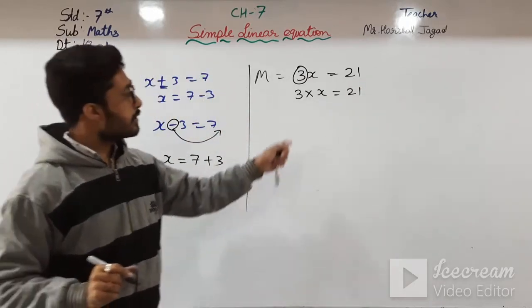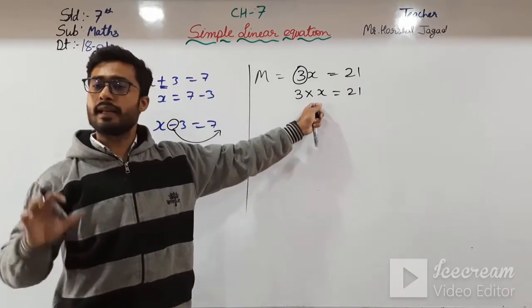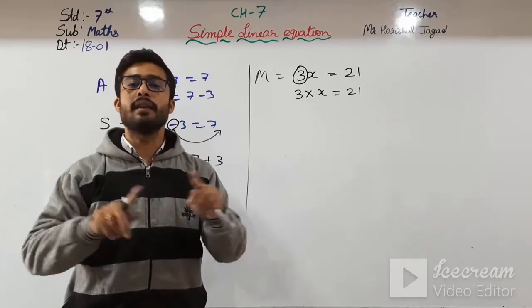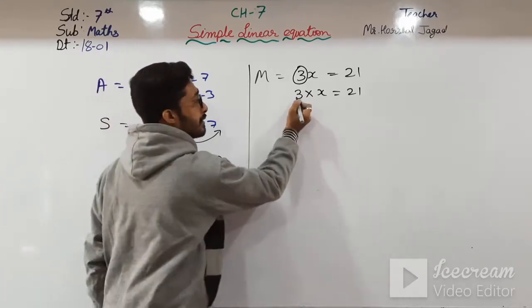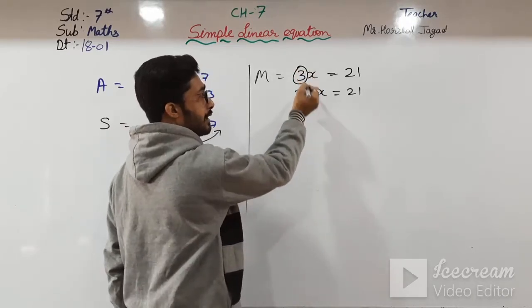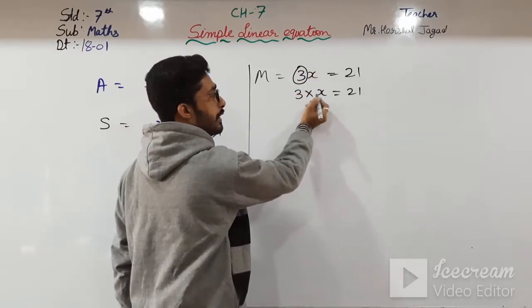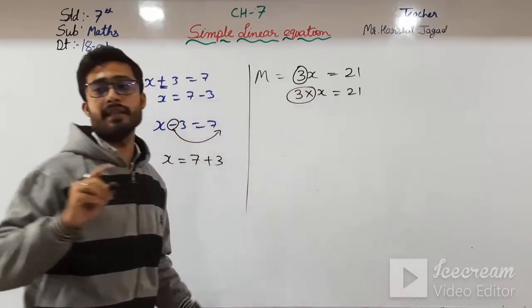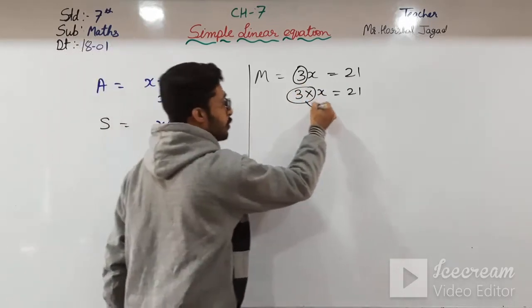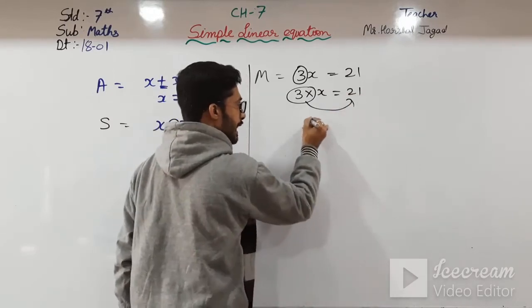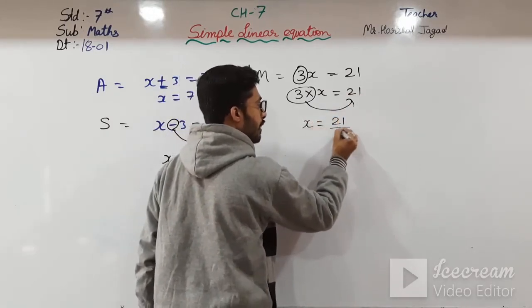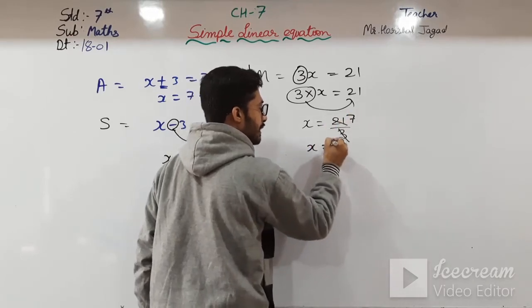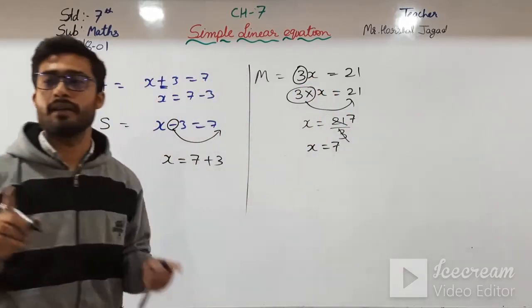If we don't write the multiplication sign, then it is okay. So 3 into x, I can also write this as this. Here you can see this is in multiplication with the x. When it moves towards this side, x is equal to 21 upon 3, that is 3 7s are 21, then we get x is equal to 7 as our answer.